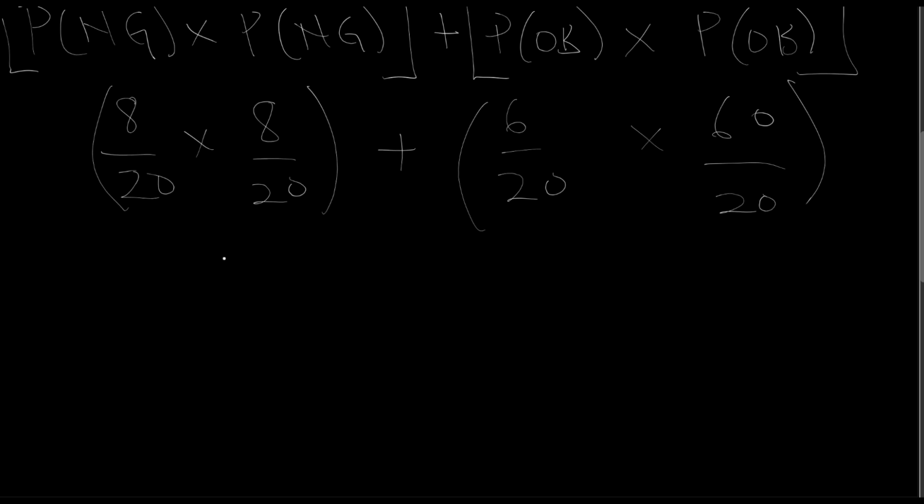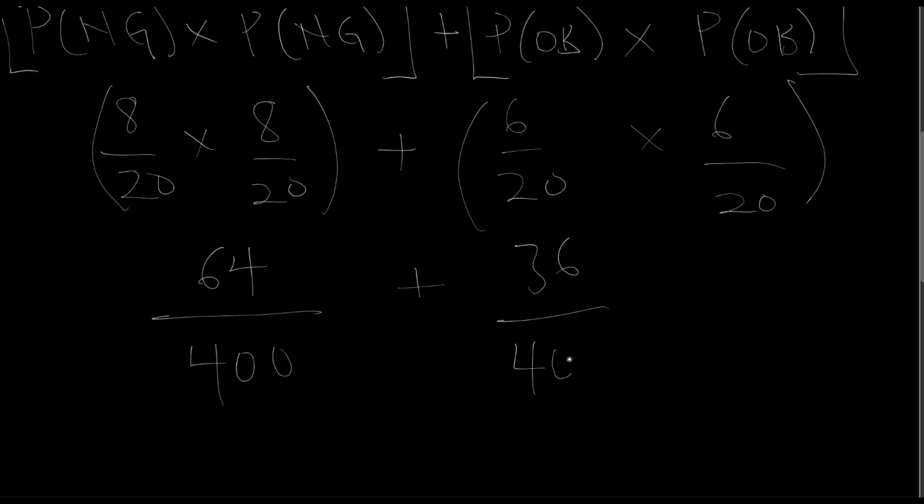8 over 20 times 8 over 20 should give us 64 over 400, plus, this should be 6, not 60. Okay, 6 times 6 is 36 over 400.